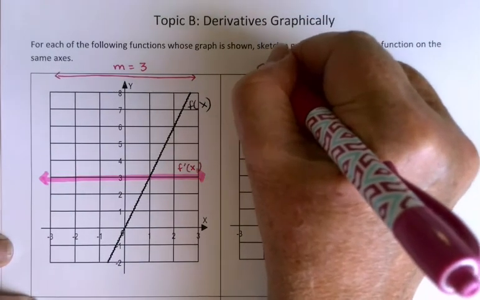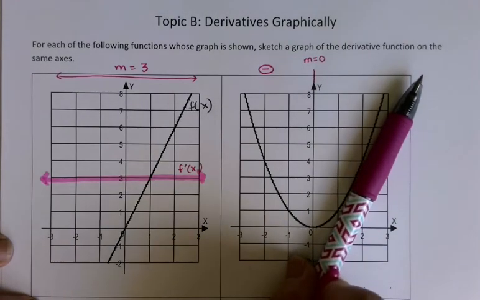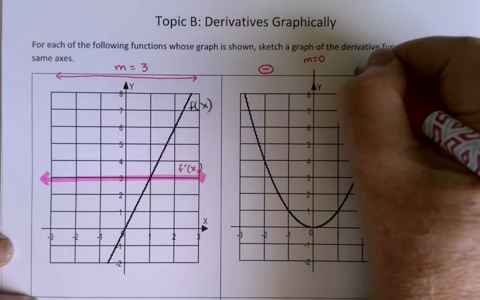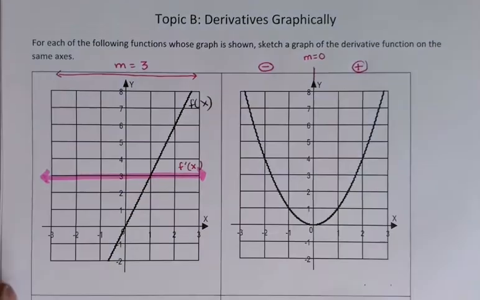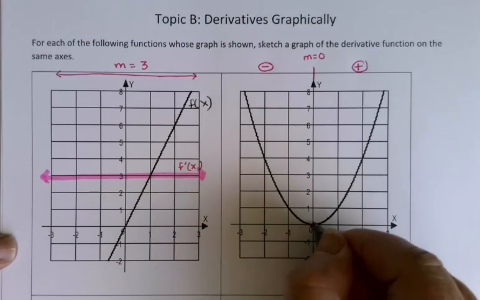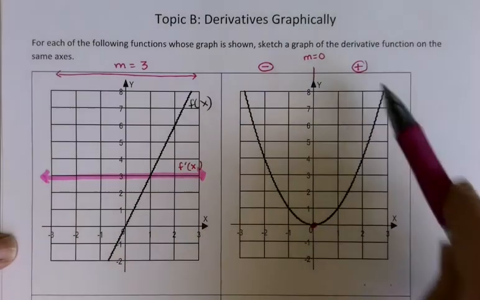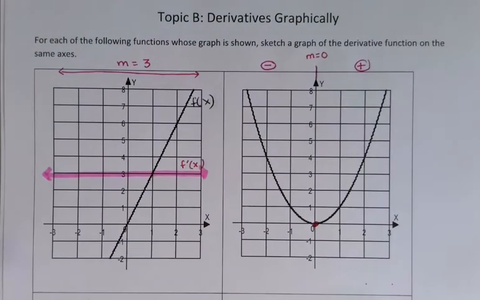So the slope is negative over here, and over here all of our slopes would be positive, right? All of the tangent lines would be uphill or having positive slopes. So when I go to draw my derivative, I would like to draw the graph of a function that's 0 right here, has negative values on this side and positive values on that side.